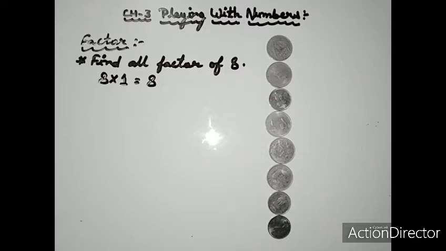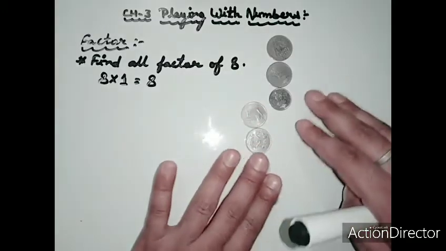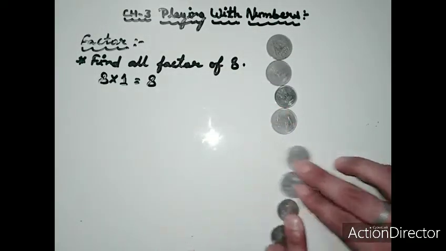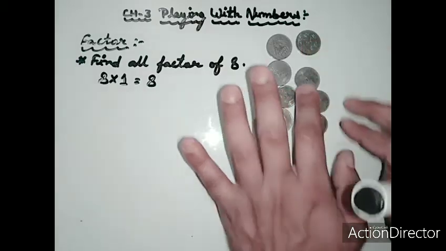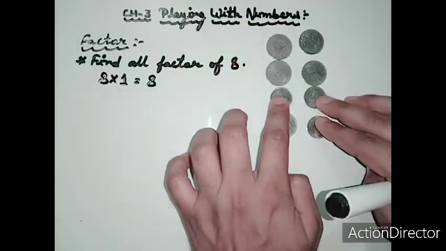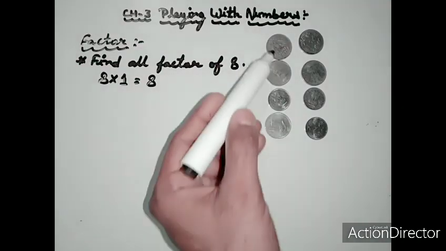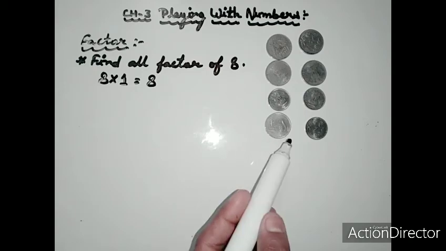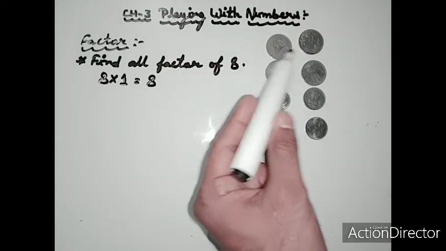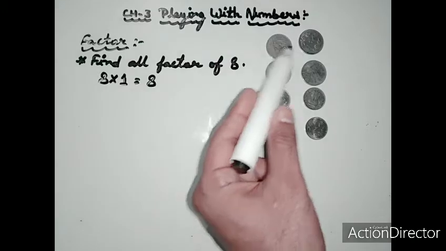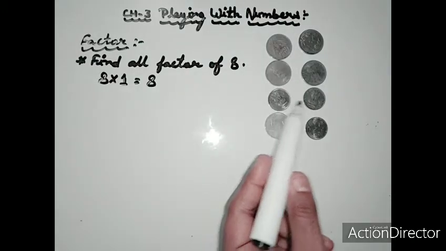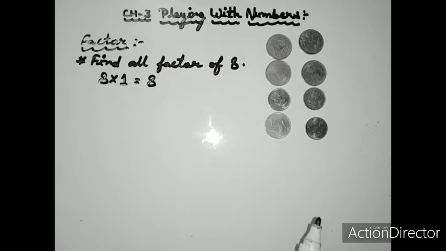Now we arrange all 8 coins in another way, like this. What is the total number of rows here? 1, 2, 3, 4, and each row has 2 coins: 2 coins in the first row, 2 coins in the second row, 2 coins in the third row, and 2 coins in the fourth row.